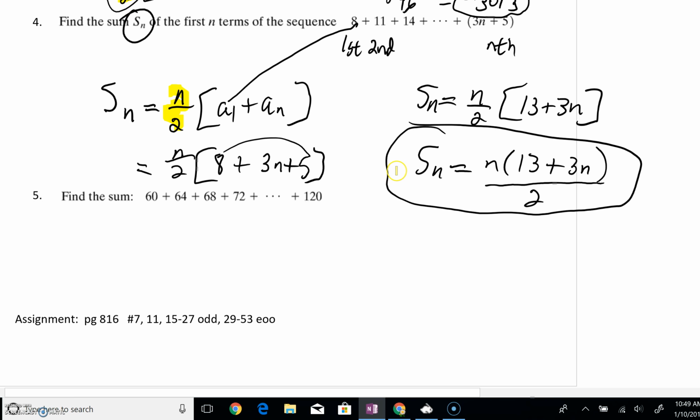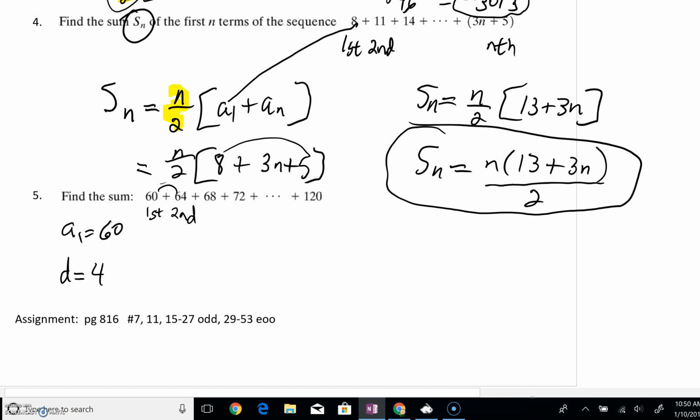Find this sum. And wow, this one's a little bit different. You can see pretty quickly what's happening. Our a sub 1 is going to be 60. Do I know my common difference? It's a 4. You can see we're going to continually add 4. So here's my first term, here's my second term, and then I know what my final term is.